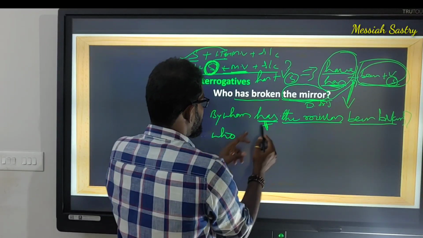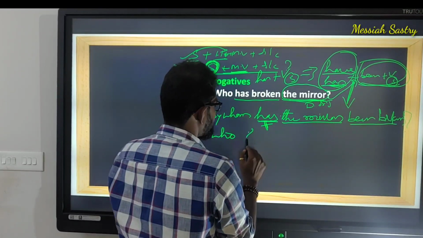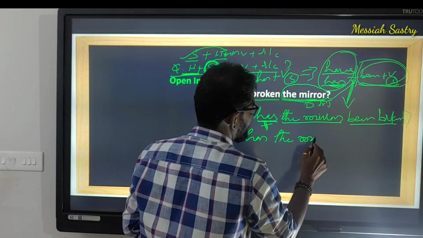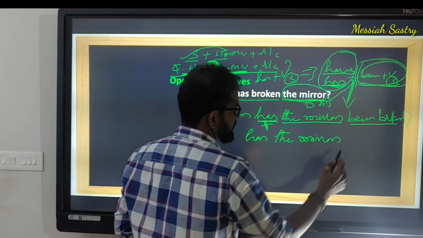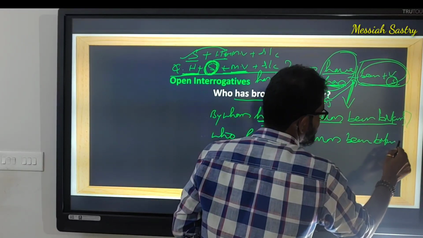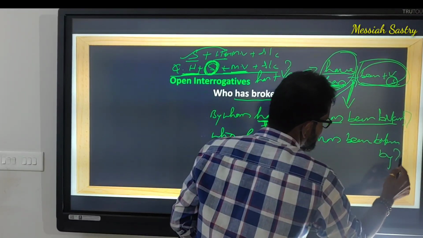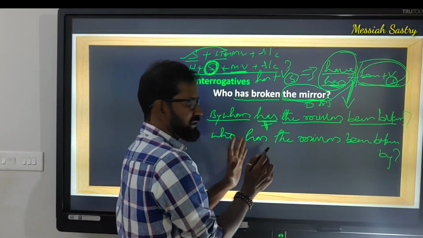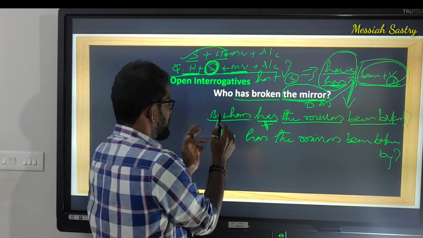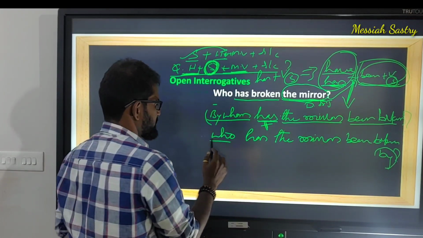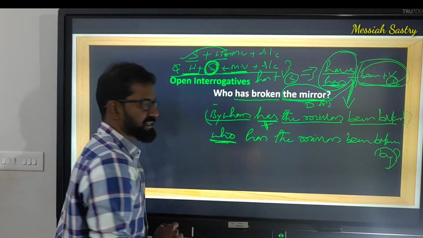Who has the mirror been broken by? So the only difference is when you start with by whom and when you start with who, this by has to be at the end. Okay.